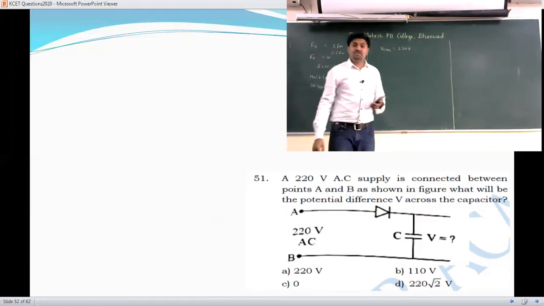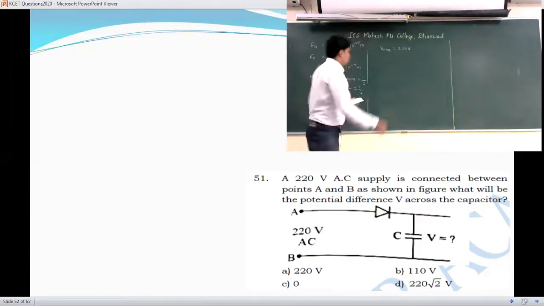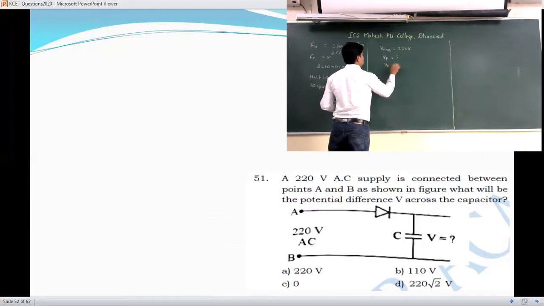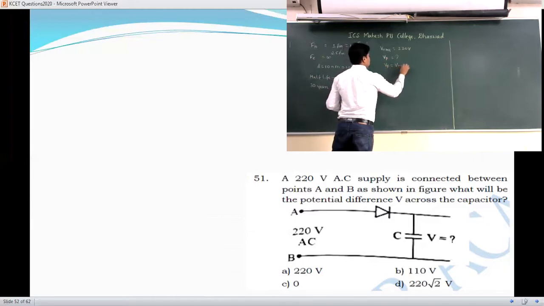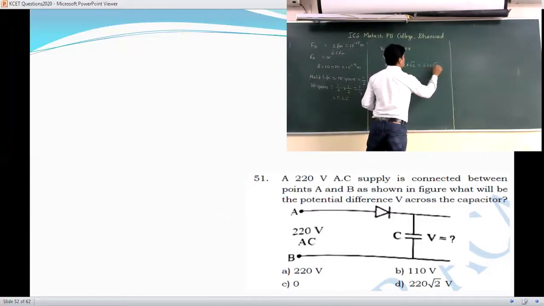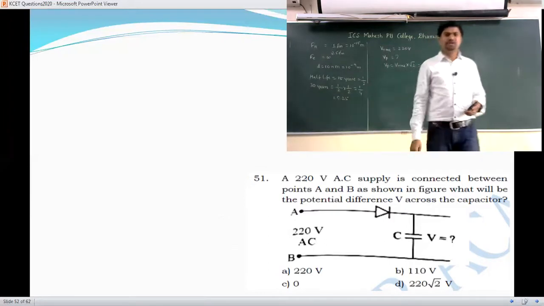The voltage across the capacitor is the peak voltage, that is the output voltage, VP. So VP is equal to VRMS into root 2. That's it. It is 220 into root 2 volts. That is the answer, option D.